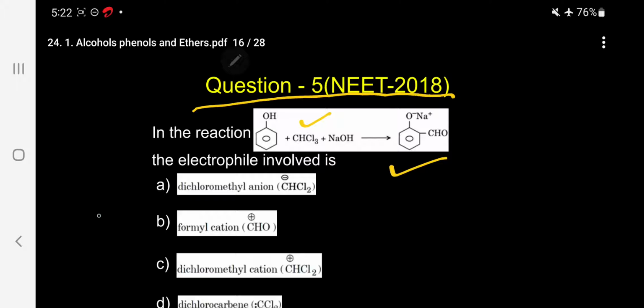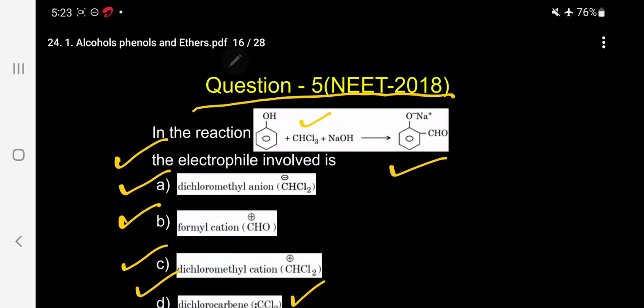The question is: the electrophile involved here is A, dichloromethyl anion, B, formyl cation, C, dichloromethyl cation, and D, dichlorocarbene, CCl2.